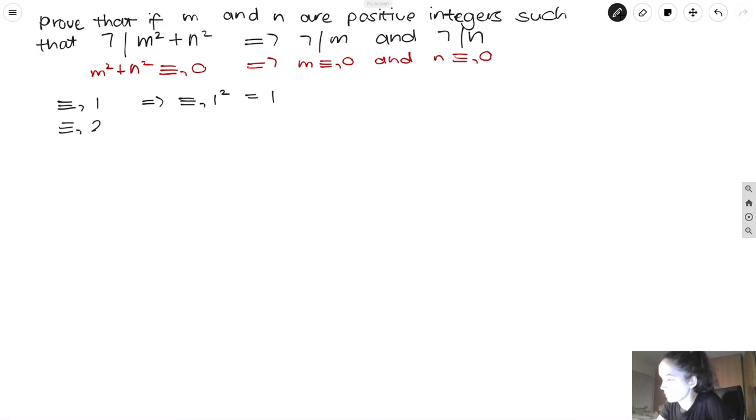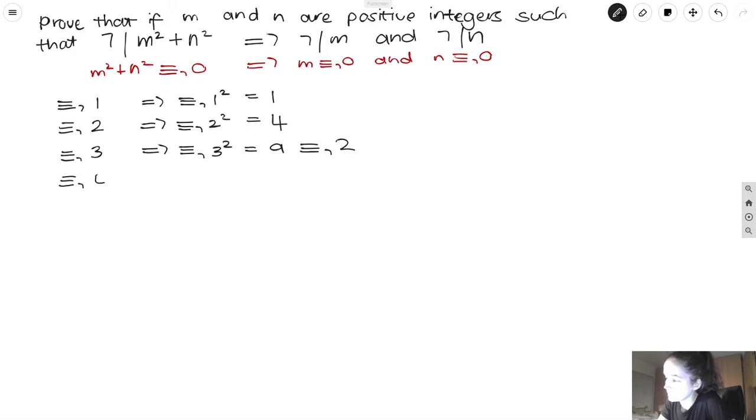If we had 2 mod 7, the number squared would leave a remainder of 4. 3 squared would be 9, which we can rewrite as being 2 mod 7, since 9 will leave a remainder of 2 when we divide it by 7. 4 squared will be 16, which will be 9, which we can then rewrite again as 2.